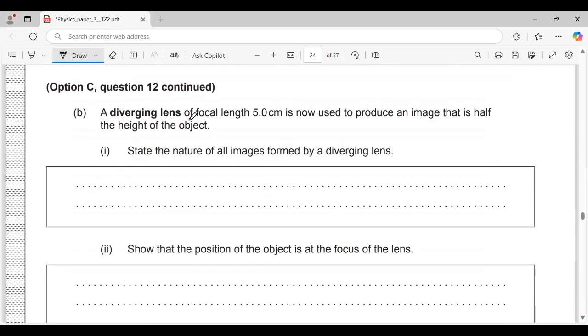A diverging lens, a focal length 5.0 centimeters, is now used to produce an image that is half the height of the object. State the nature of all images formed by a diverging lens. I'm going to write a couple of them.